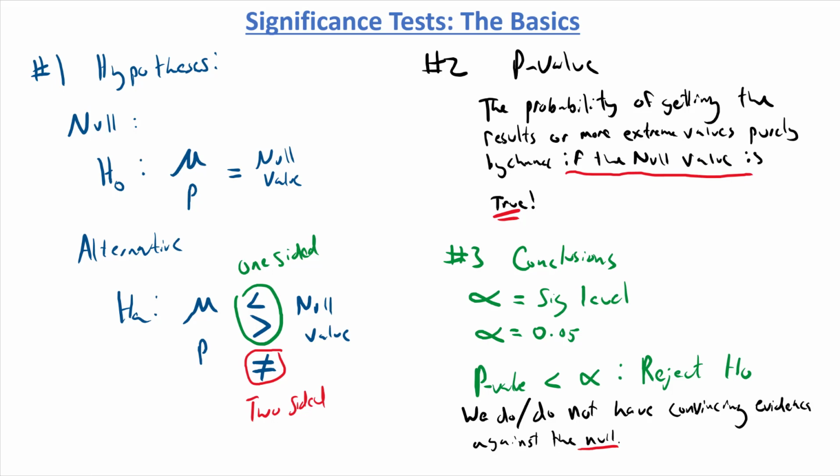Make sure to include it, whether it's hours of sleep, jelly beans that people eat, whatever the case may be. Something simple, but definitely put the context in your conclusion. Alright, so we're going to watch a little video now about these conclusions and how to compare them to the significance level.